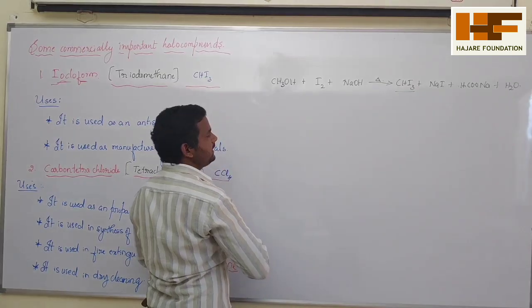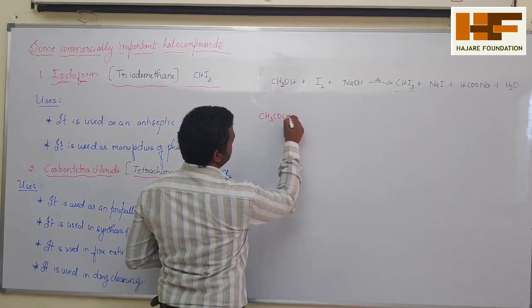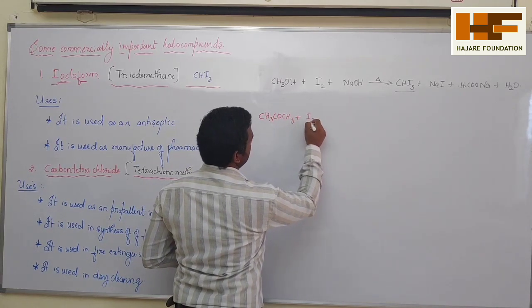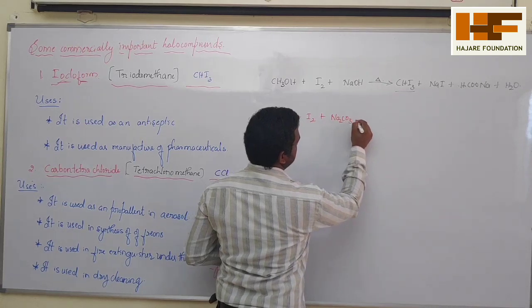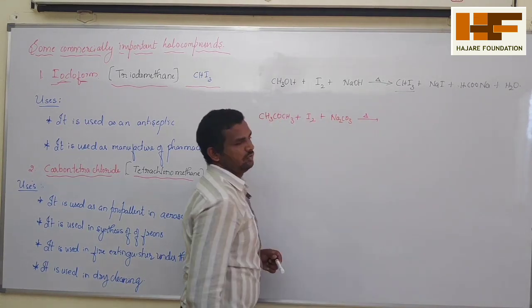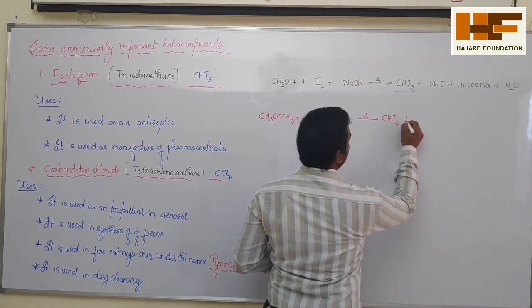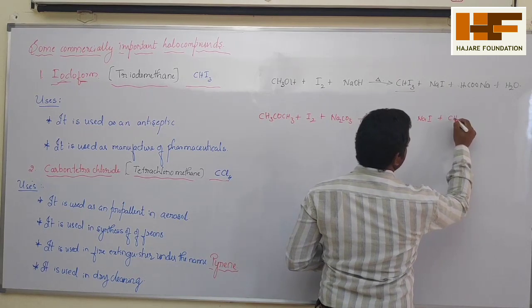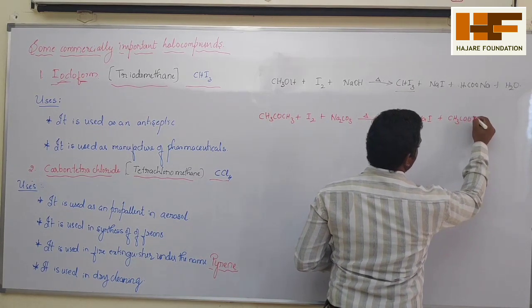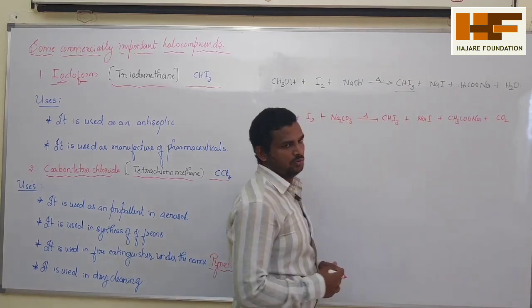By considering acetone, CH3COCH3 along with I2, here we should use Na2CO3. After heating this, we will get the same CHI3 along with NaI along with CH3COONa plus liberation of CO2.